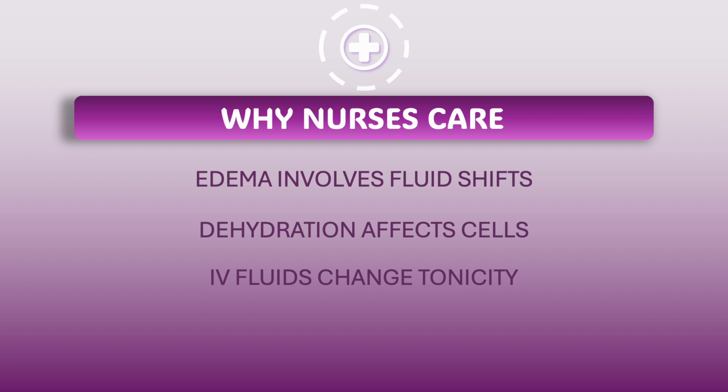So we need to be aware of how this works for the patient, as well as for future treatments, if this is even an acceptable form of an IV fluid to give. And lastly, electrolytes do influence water movement, and that'll be a whole other lesson later on. Understanding fluid shifts allows you to predict what the body will do with edema, dehydration, IV fluids, and electrolytes.